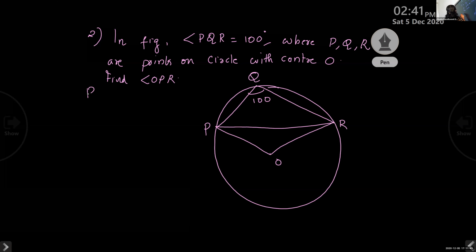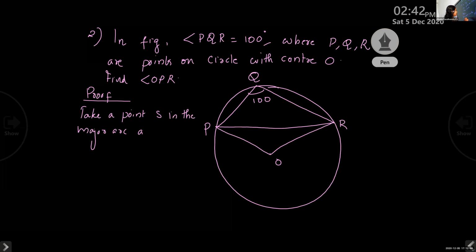Okay, children, when we do the proof, there is one more construction here. Take a point S in the major arc, and join PS and RS.